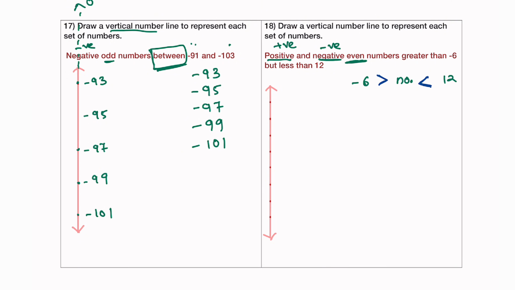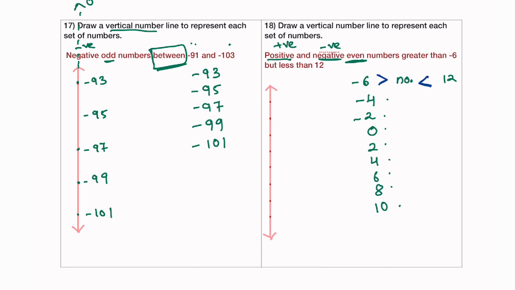So it's going to be minus 4, then the next one is minus 2, then we have 0, then 2, 4, 6, 8, 10, and 12? No, because it has to be less than 12. So these are the numbers we need to plot. How many do we have? 1, 2, 3, 4, 5, 6, 7, 8.